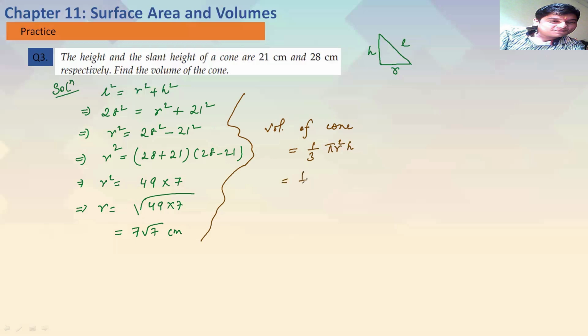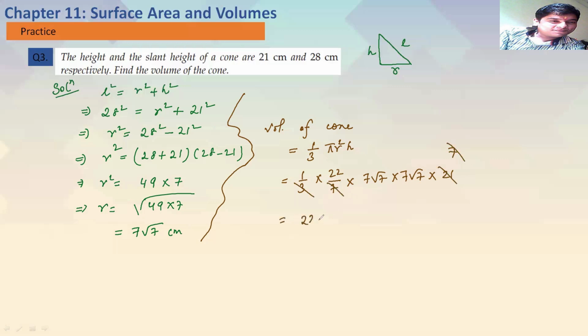So 1/3 pi, which is 22 by 7, into r, 7 root 7 times 7 root 7, times h is 21. The 3 and 21 can cancel, then 7 can be cancelled again.